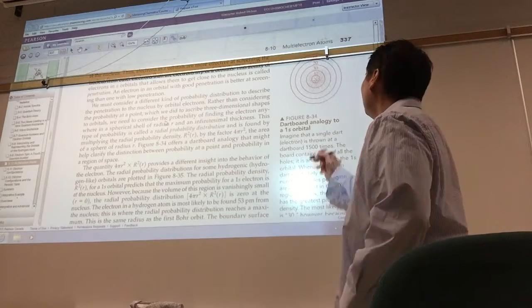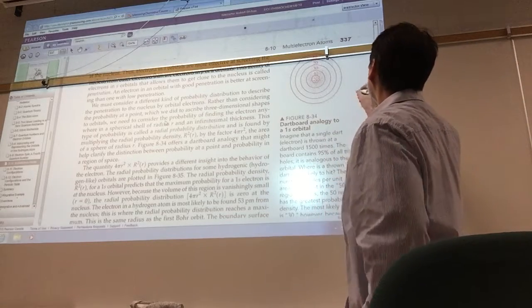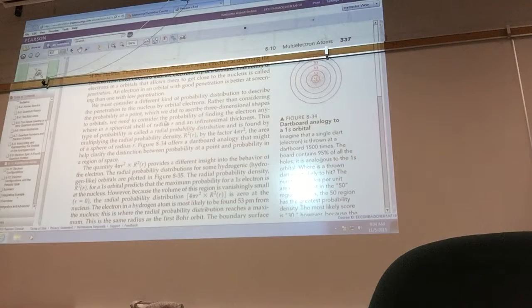And so when you graph this, the graph is going to look like this. Psi squared for the 1s orbital is going to max out, which tells us the highest probability is right here.